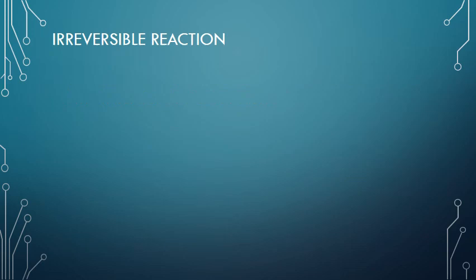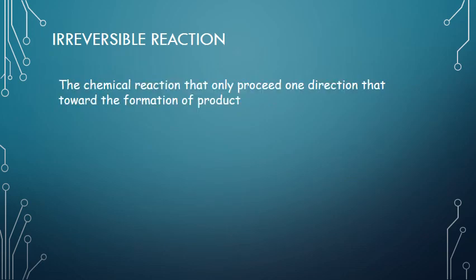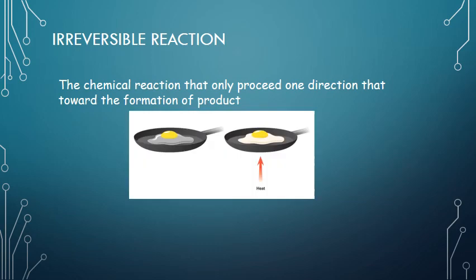So, the irreversible reaction is the chemical reaction that only proceed in one direction only, which is toward the formation of product. Kalau kita tengok kat sini the example, contohnya kita nak buat telur goreng. Telur tu kita pecahkan dalam kita punya pan, and then kita heat it up, kita dapat telur goreng, betul?